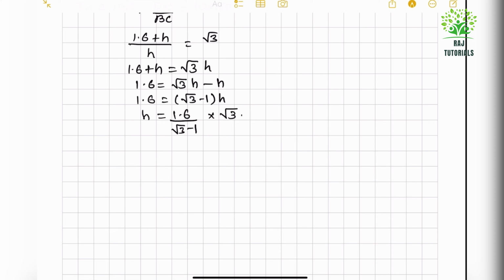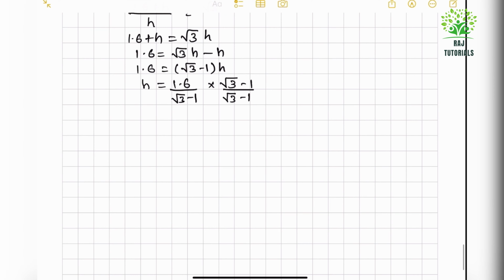So again I have got two equations. One is BC equal to h, so I have put that here directly, BC equal to h. Now I have got 1.6 upon (root 3 minus 1). So rationalizing it, I am multiplying with (root 3 plus 1), numerator and denominator both.